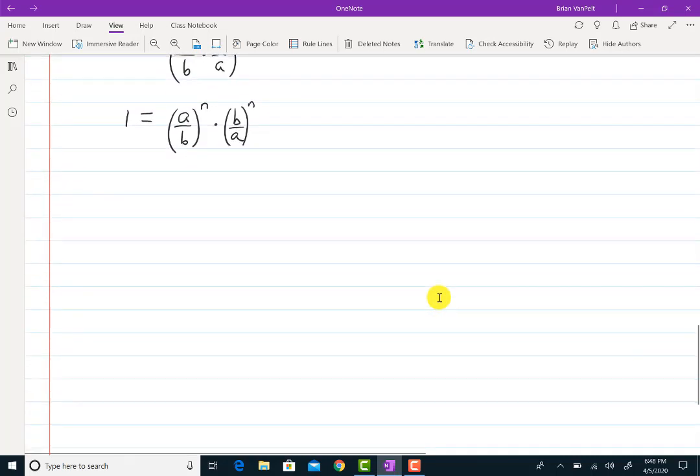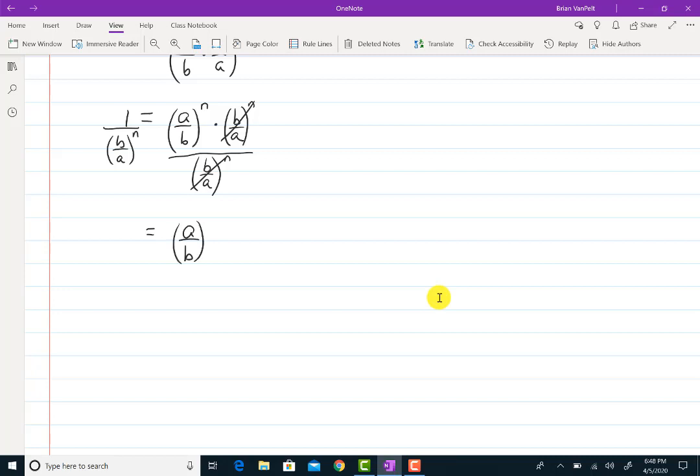Now, the next thing I'm going to do is divide both sides by the following. That way the b over a can cancel, like so, and I will have a over b to the n equals 1 over b divided by a to the n.